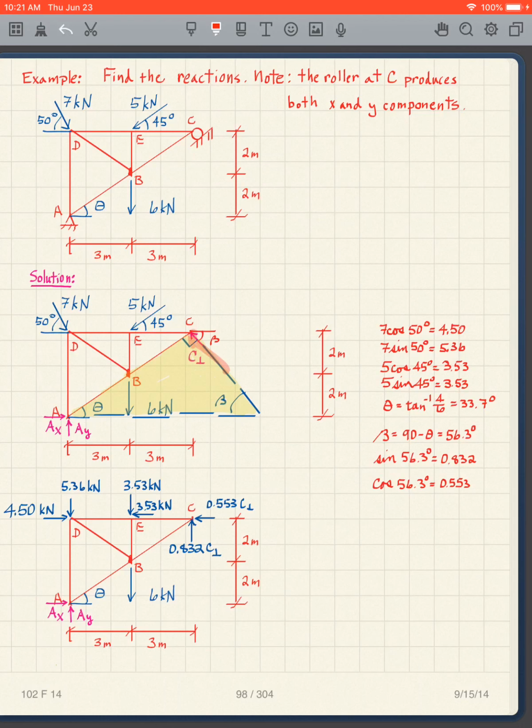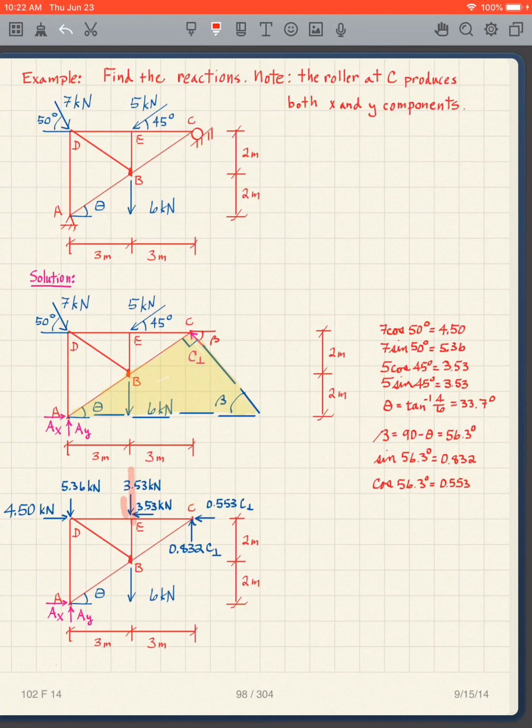This is upward to the left, and this is going to be the sine of the angle, 0.832 C perpendicular. This is going to be the cosine of the angle, 0.553 C perpendicular. We've done these a bunch of times, so I'm not going to dwell on that.